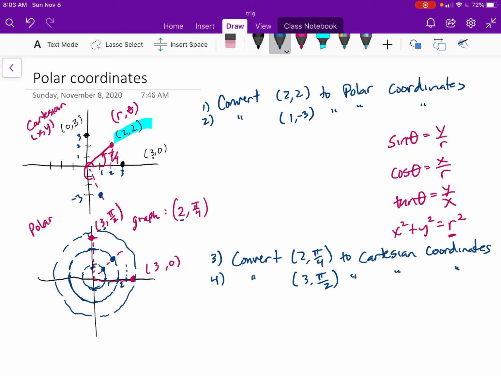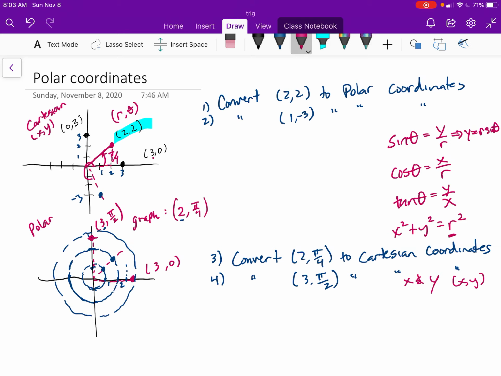And what do we need in a Cartesian? We need x and we need y, right? And then we have our point, (x, y). Looking at above, I know that I could solve for y in sine and say y equals, not that it matters, but it's more common to say r sine theta.